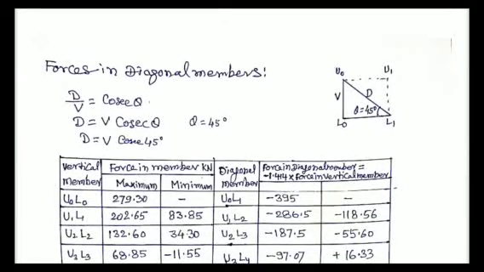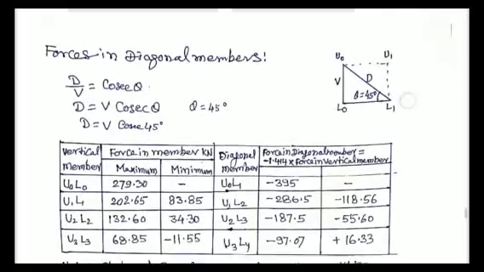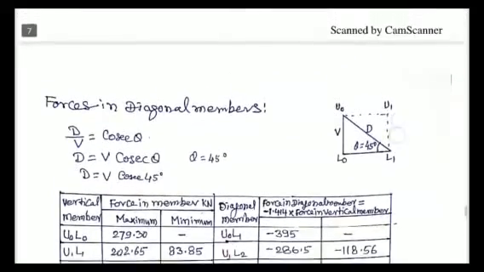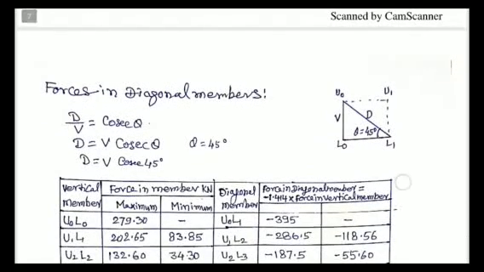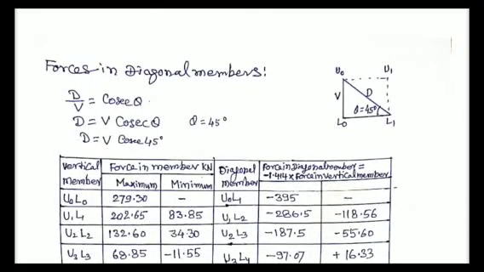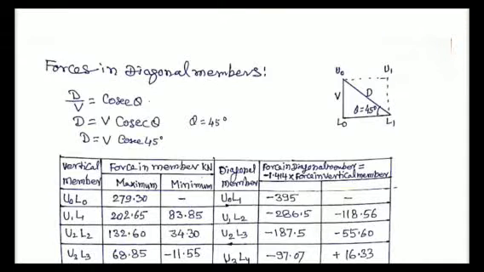Now we will calculate the forces in the inclined member. As you are seeing the triangle, this is a panel length L0L1, and this is the height of the lattice girder, and this is the inclined member. So we have to find out the force in this D. We all know the panel length and height of the bridge are the same, so this angle theta will be equal to 45 degrees.